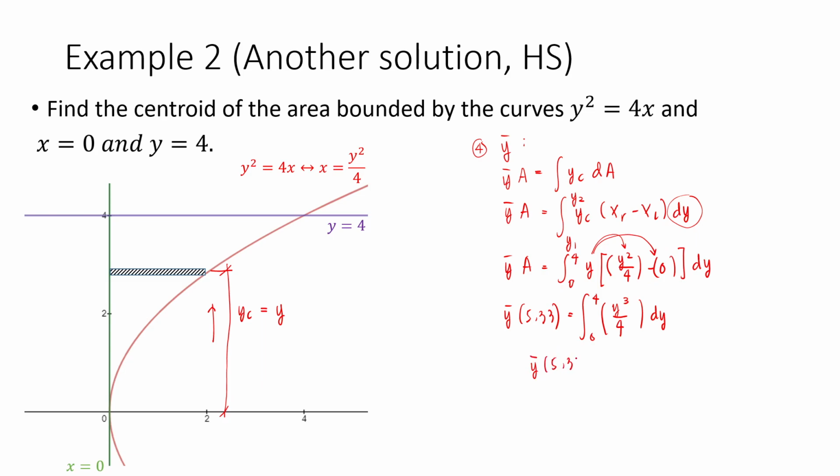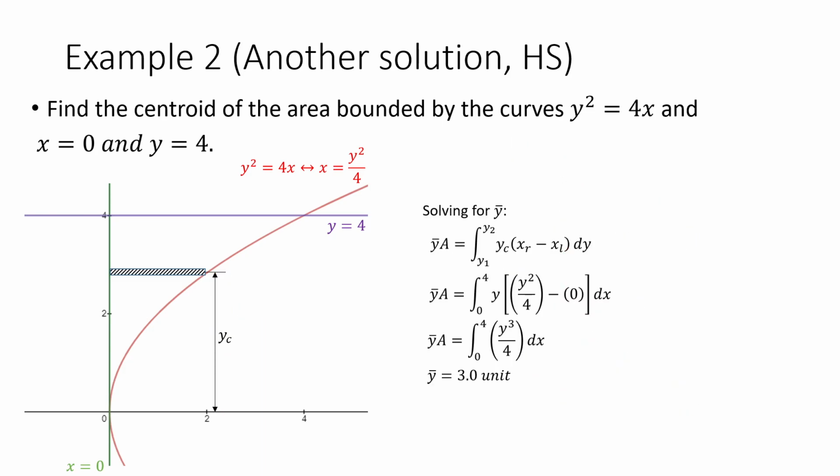So 5.33 equals 15.99. Then bar y is equal to 3 units. So the same answer as the given solution using the vertical strip. So this is the solution.